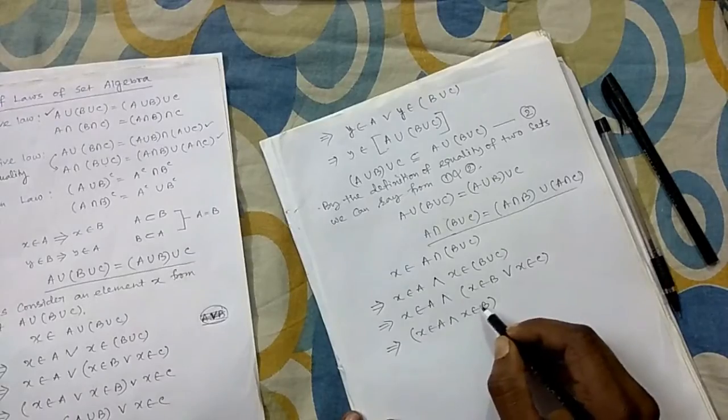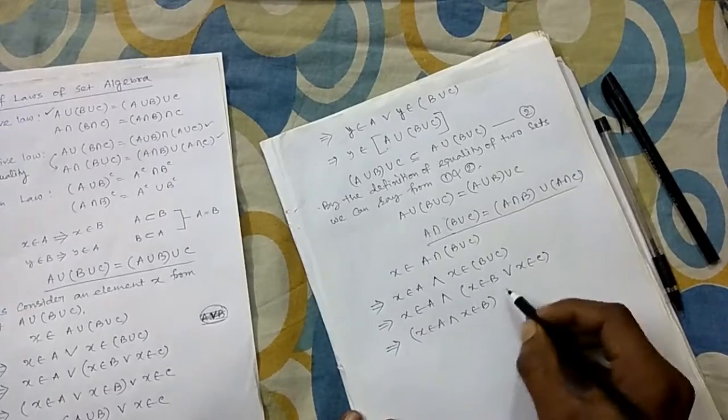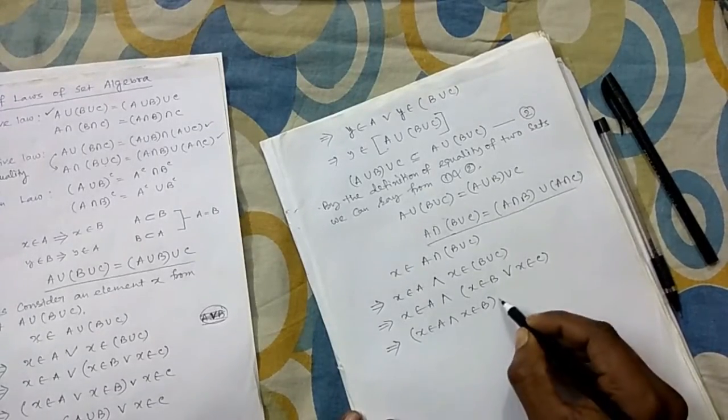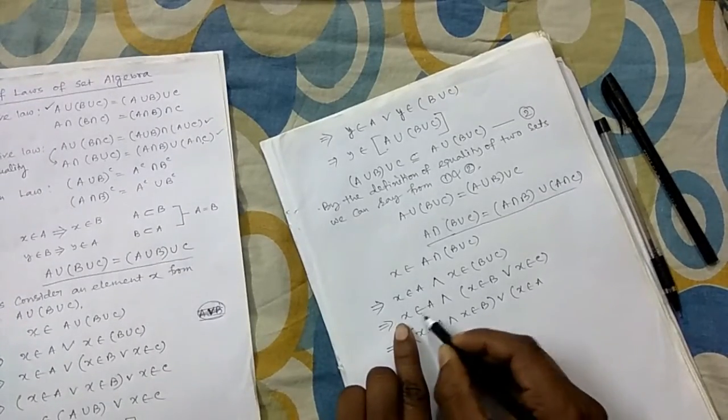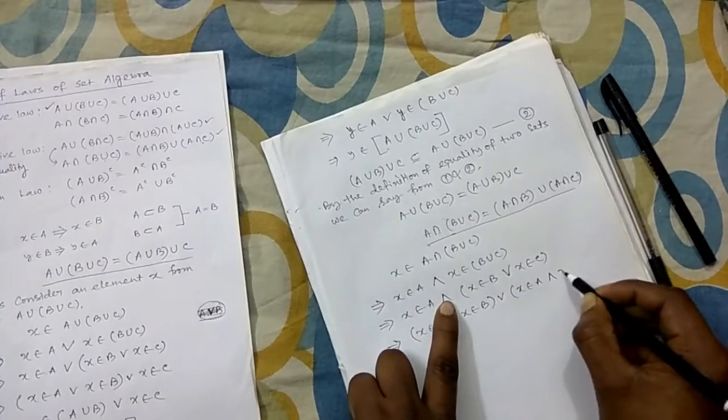I will justify later why I am doing this. This symbol will come here. X belongs to A, and this will come again. X belongs to A and X belongs to C.